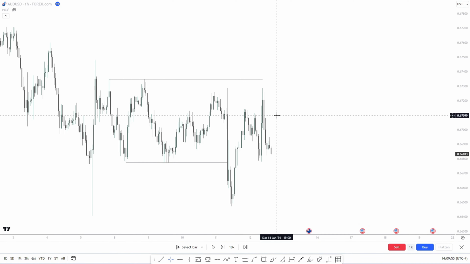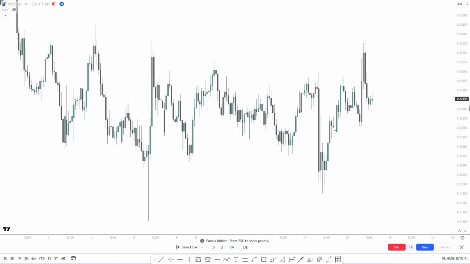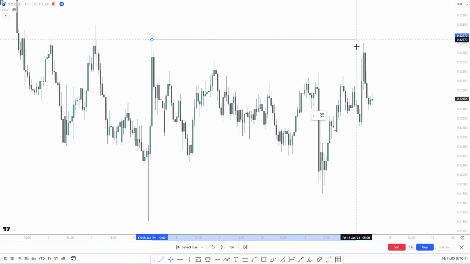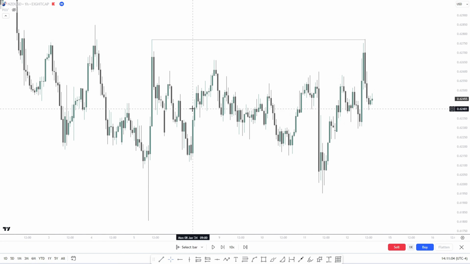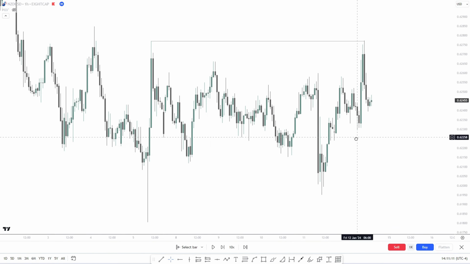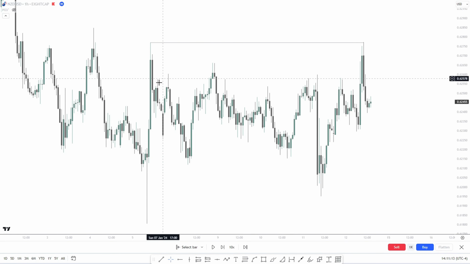Now let me show you the NZD USD so that you know that it took out this high. All right, so as you can see, this is that high and NZD USD took it out. So this is why you always want to make sure to check out the correlated pair as well for your TPs, etc., because this is gonna save you money.